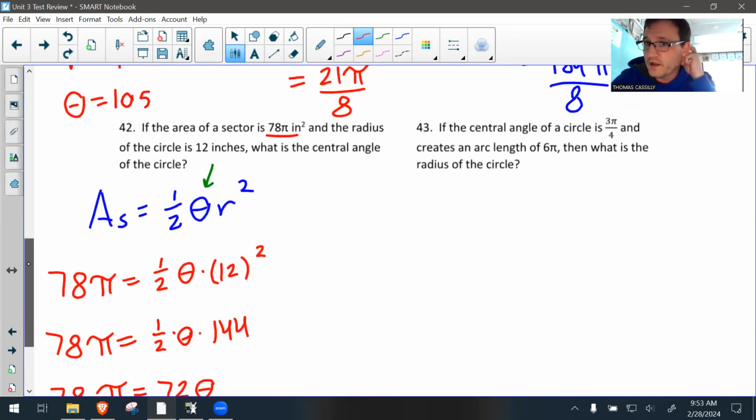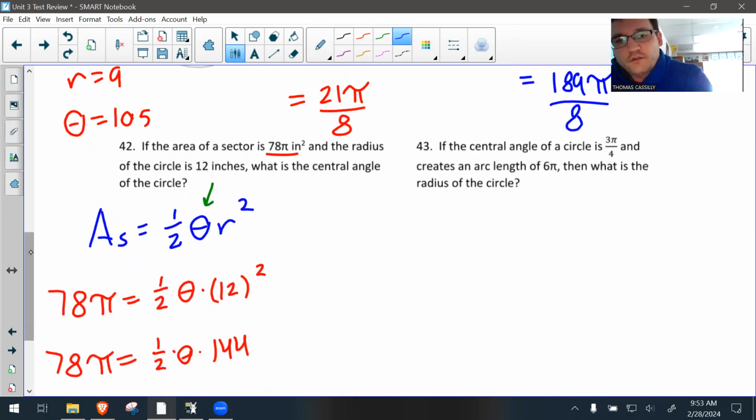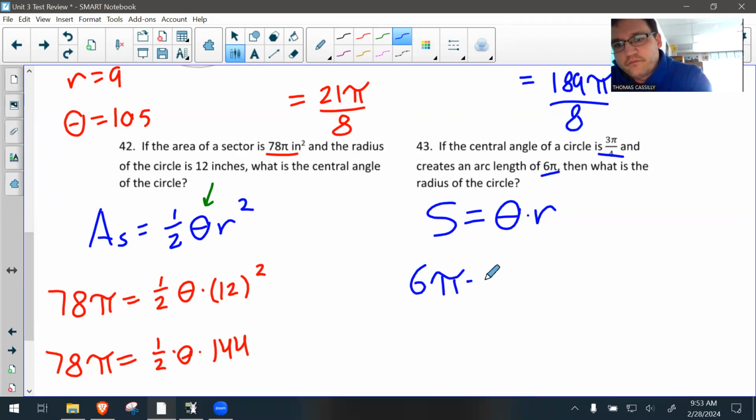Number 43, if the central angle of a circle is 3 pi over 4 and creates an arc length of 6 pi, what is the radius of the circle? So arc length, use the arc length formula. So we know S equals theta times R. All right, so the central angle, 3 pi over 4, arc length, 6 pi. So we have 6 pi equals 3 pi over 4 times the radius.